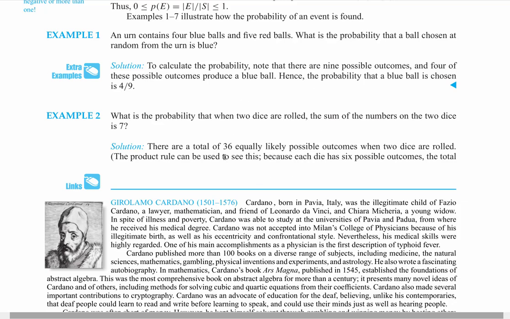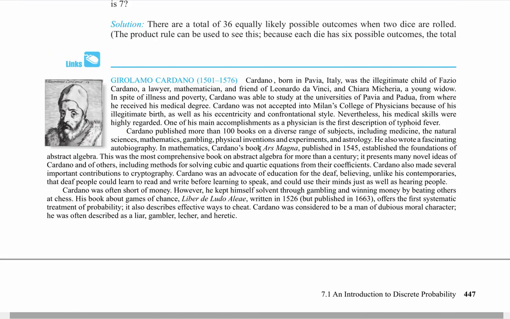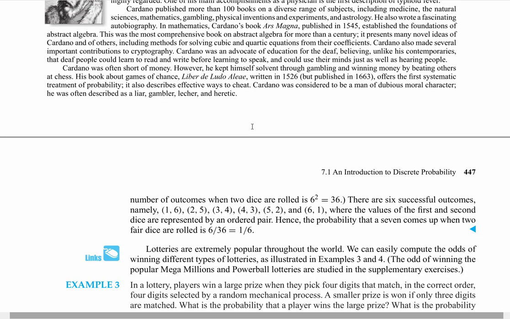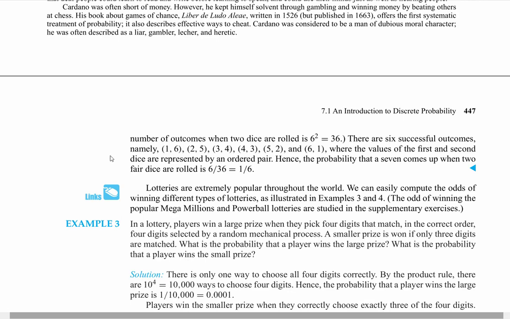That'd be 36 outcomes. So the number of elements in S is 36.